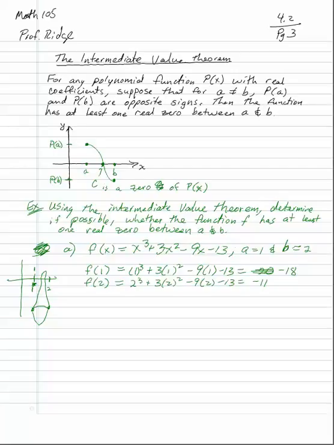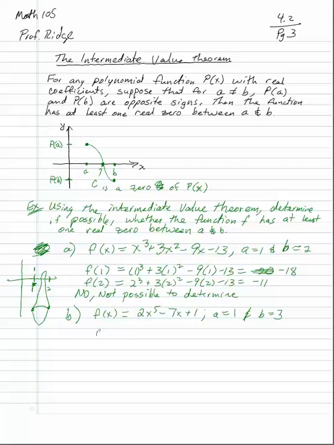So it's not possible to determine. It could, but again, it's not possible to determine. So it doesn't help us. We need one that's above, one that's below, and then you can say, yeah, for sure, there is one. Now it doesn't tell us what it is, it just says there is one in between those two numbers. Okay, let's try another one.